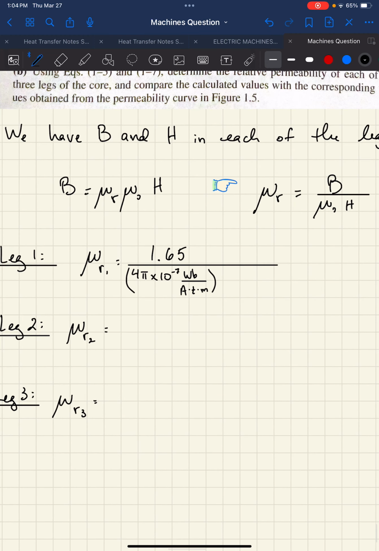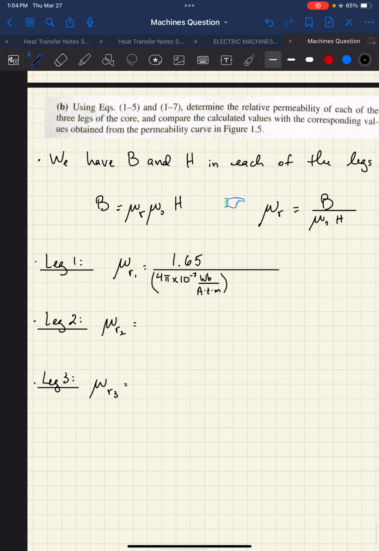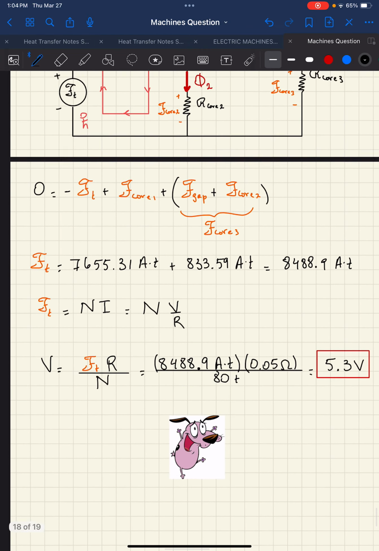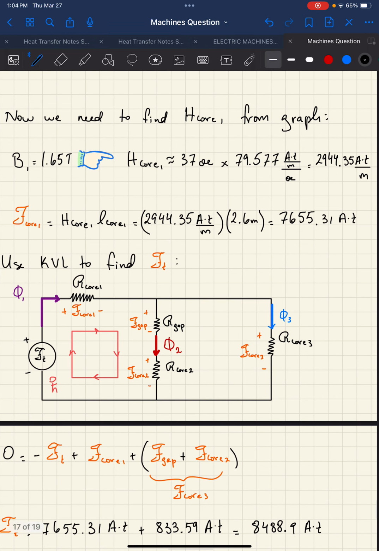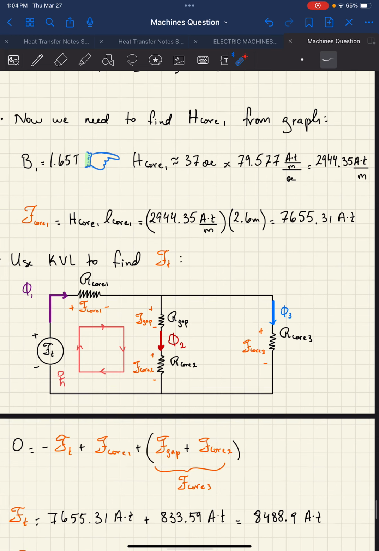And then H would be H core 1, so H in leg 1 or core 1. I know we did it, I just have to find it. Here it is: 2944.35 amp turn per meter.